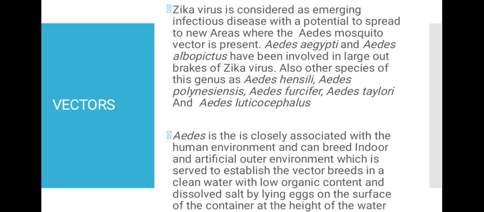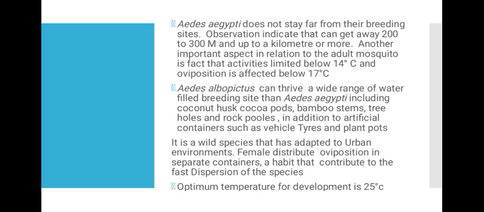Other species of this genus are Aedes hensilli, Aedes polynesiensis, Aedes furcifer, Aedes taylori and Aedes luteocephalus. Aedes is closely associated with the human environment and can breed indoors and in artificial outdoor environments. It breeds in clean water with low organic content and dissolved salt, laying eggs on the surface of the container at the height of the water.